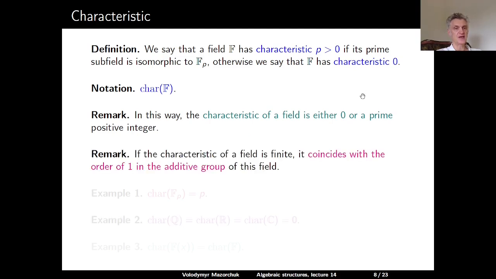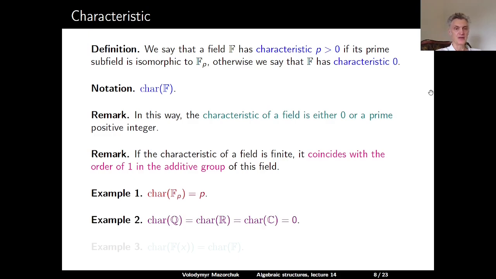And of course, if the characteristic of a field is finite, then it coincides with the order of 1 as an element of the additive group in this field. So for example, the characteristic of the field F sub p is equal to p.